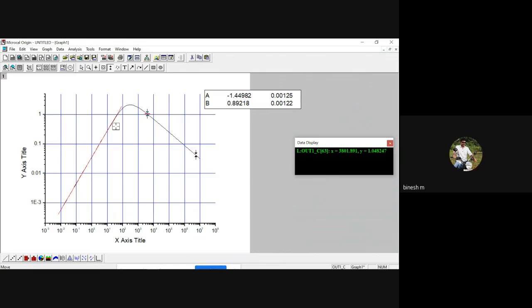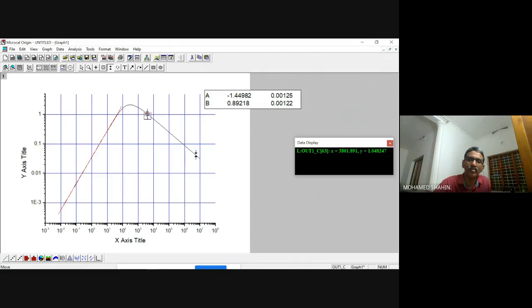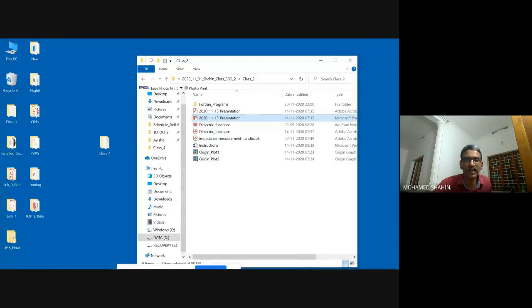How do you know this value from the dielectric parameter? That is already we have discussed. This is 1 minus alpha, 1 minus alpha times beta. So what is the beta value?